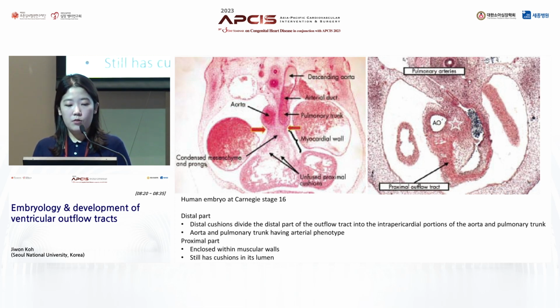And this structure, the distal part, right now has the arterial phenotype, not the myocardial phenotype. And this cross-sectional view also shows the divided aorta and pulmonary arteries by the endocardial cushion highlighted here. And this structure, the distal part, is now arterialized, but the proximal outflow tract still has its cushion on its lumen, and it is composed of muscular walls, the myocardialized walls at this stage.